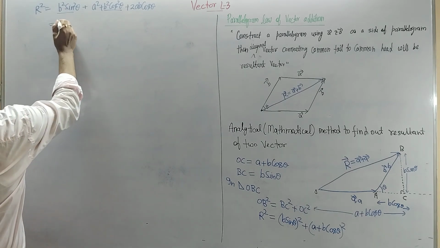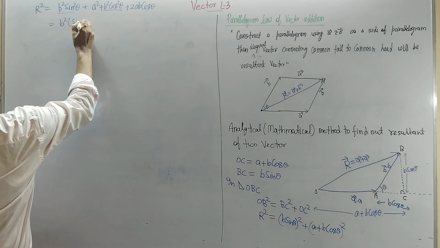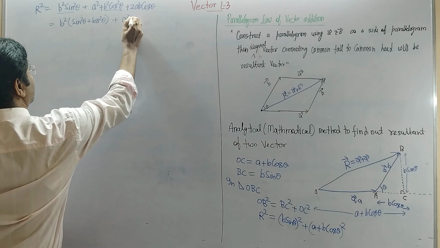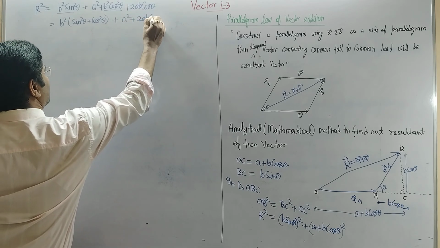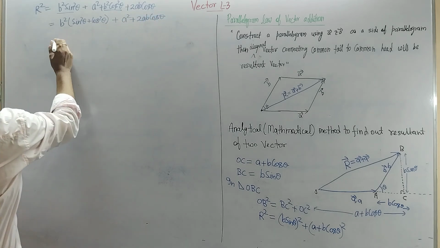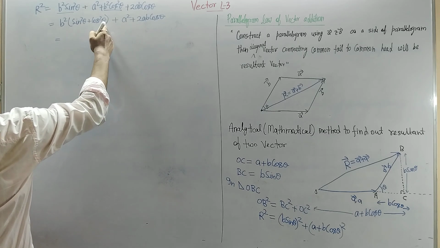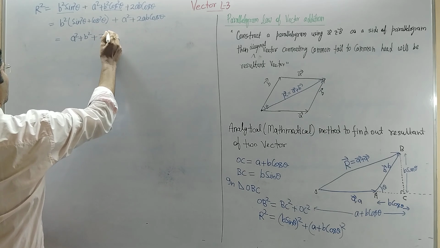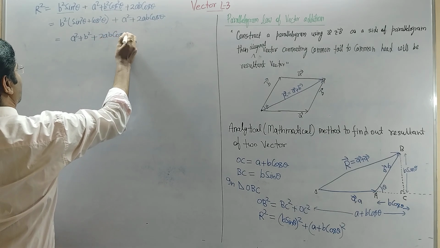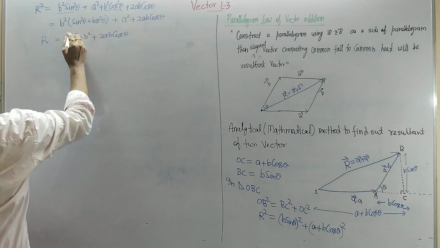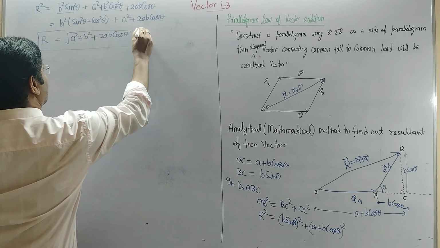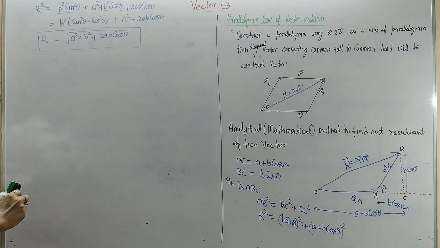So take B square common, sin square theta plus cos square theta, plus A square plus 2AB cos theta. This is equal to 1. So we can write here A square plus B square plus 2AB cos theta. So this is the value of R square, so R will be equal to the square root of this. So we can get the resultant value using this formula, root of A square plus B square plus 2AB cos theta.